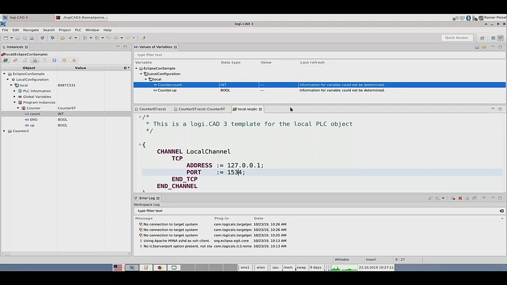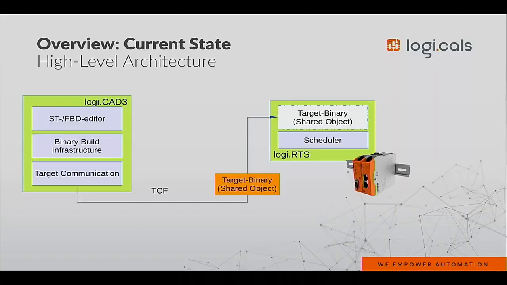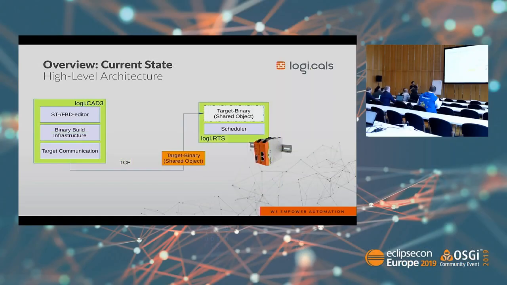I will talk about the actual architecture of Logical 3. Logical 3 consists of the editors for the languages, structured text and function block diagram. And aside from that, there's also the binary build infrastructure, which is used to compile what's being edited before.